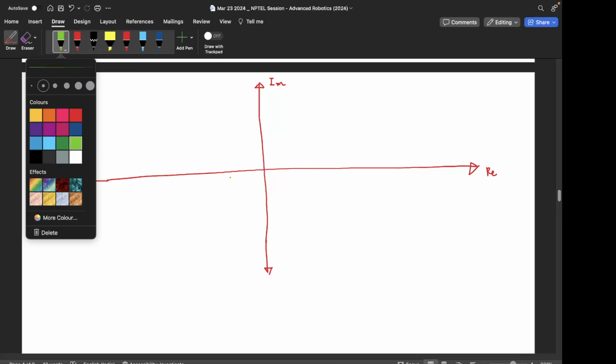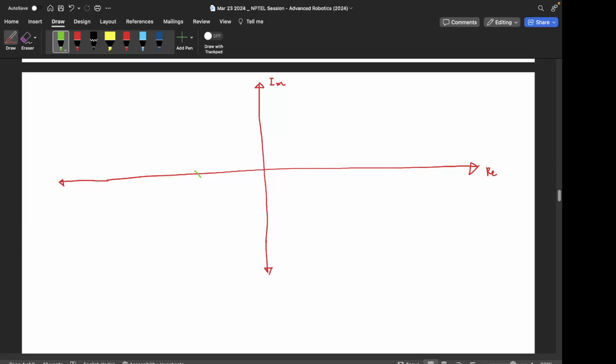So first let's see if the pole is negative but on the real axis, right? A second case could be positive on the real axis. Third case can be positive and complex, positive real part with complex number.